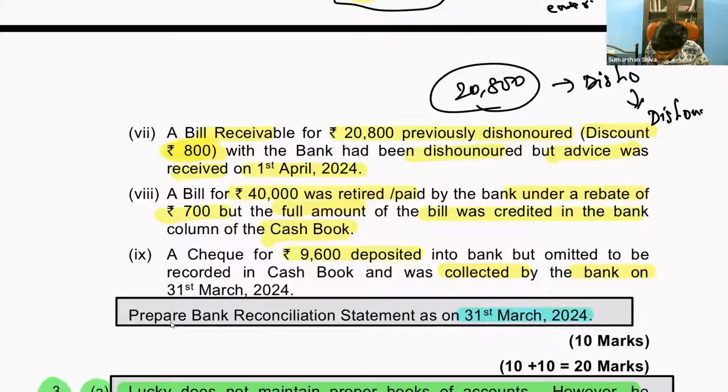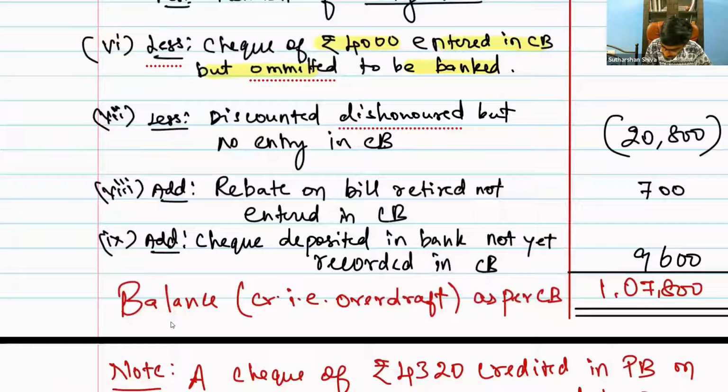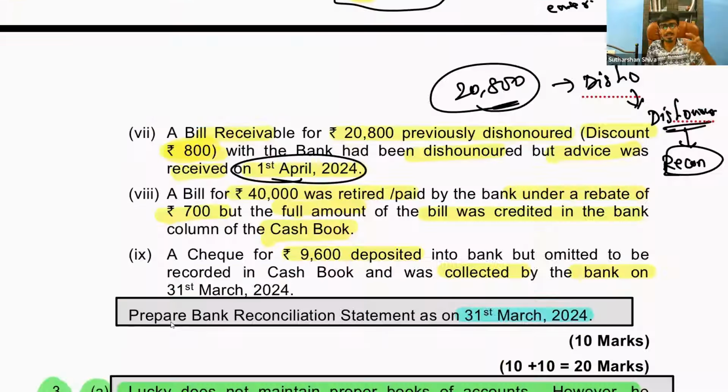That came to notice only on 1st April. For that, we need to do a reconciliation. For that reconciliation, we will subtract this 20,800. How will you write it? Discounted bill dishonored, but no entry in the cash book, because the dishonor entry is already passed by the bank.